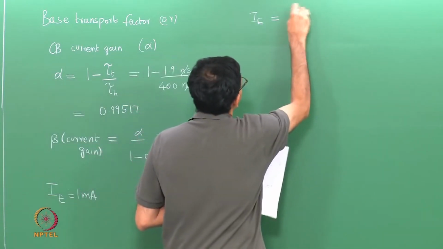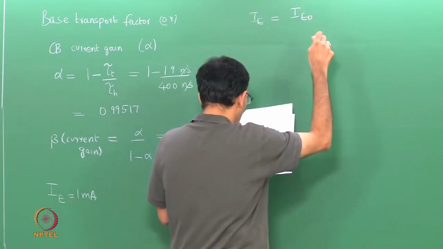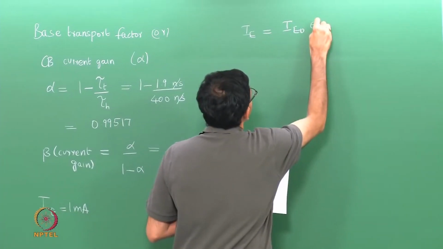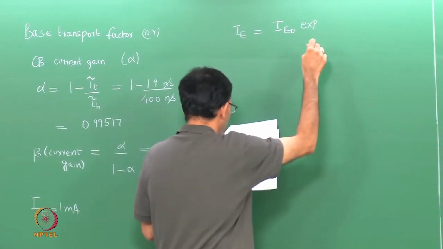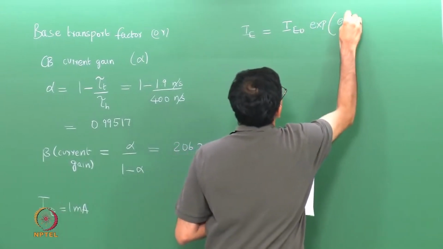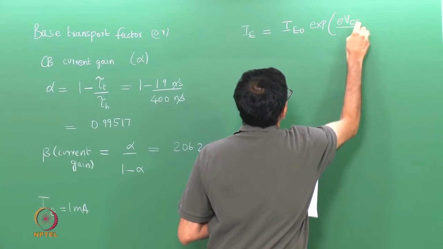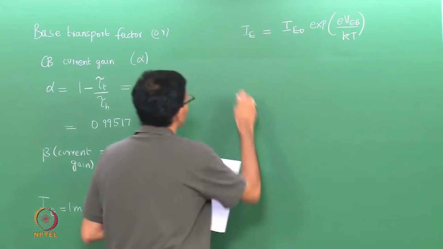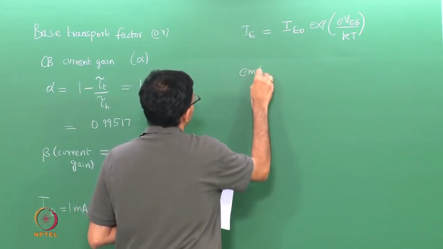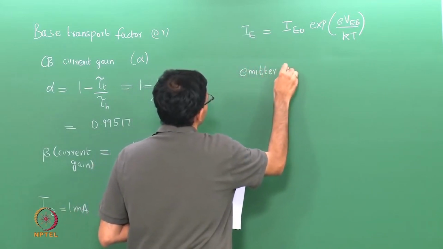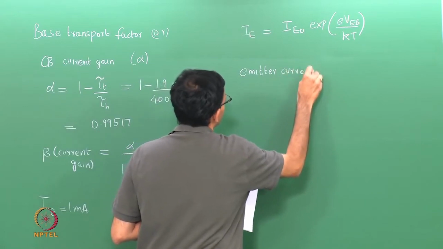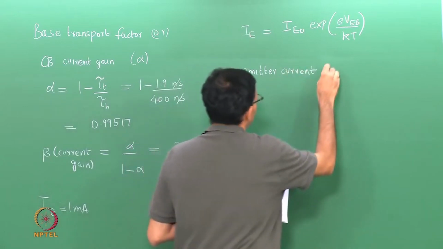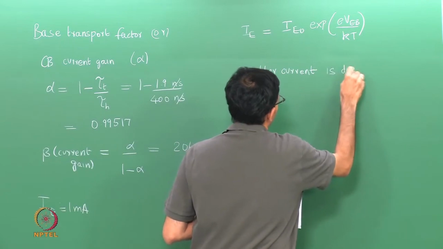So, IE is IE naught exponential eV over kT, so that your emitter current is due to diffusion of minority carriers.